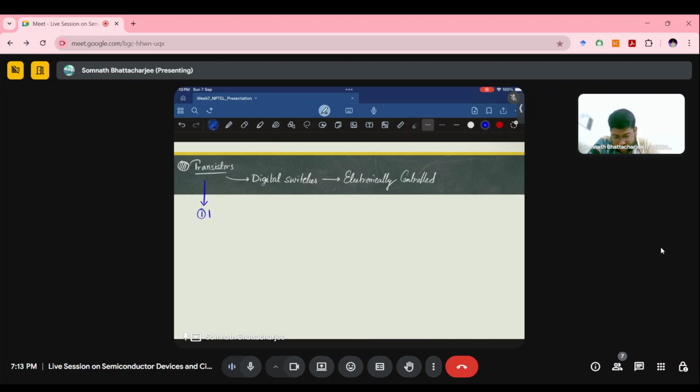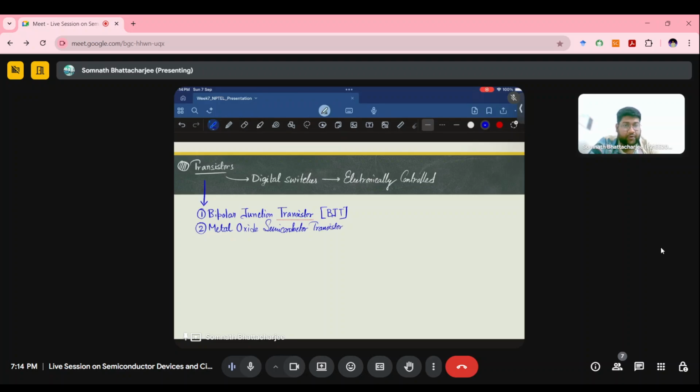The primary one is the bipolar junction transistor, which will be the main focus of today's session. Bipolar junction transistor, the BJT. The second most important one is the MOSFET, the metal oxide semiconductor transistor.